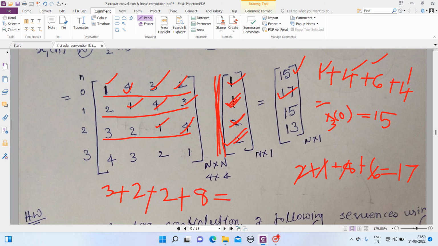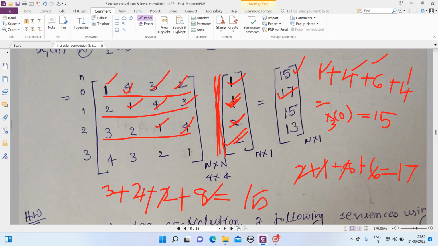So 2 plus 2, 4, 4 plus 3, 7, 7 plus 8, 15, right? So you got the x3 of 2 value.